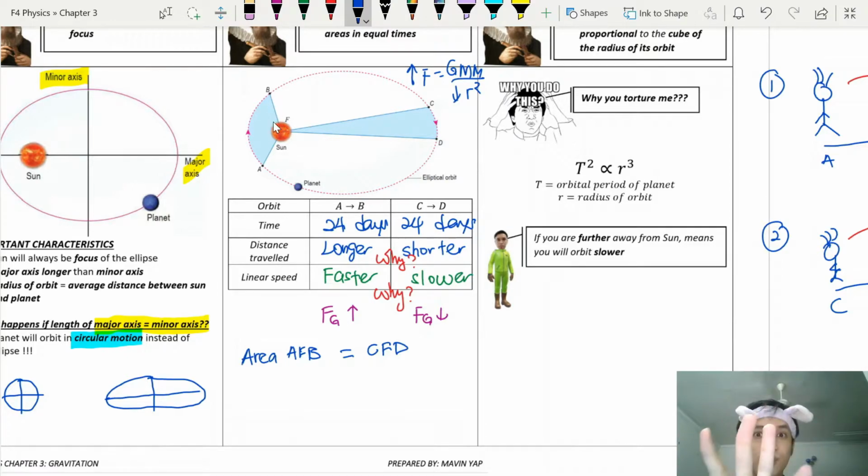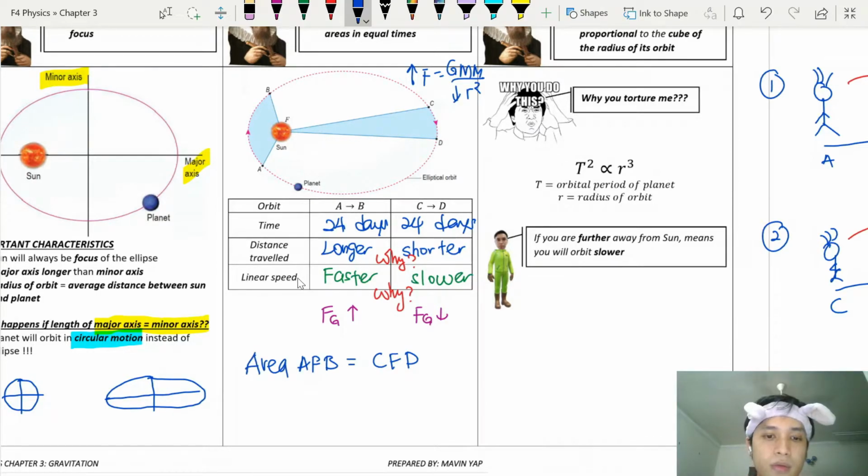Although based on visual, if you look at the diagram here, you will think that maybe this one will have a bigger area compared to this one. But in truth, it actually should be the same. So the area AFB will equal CFD.